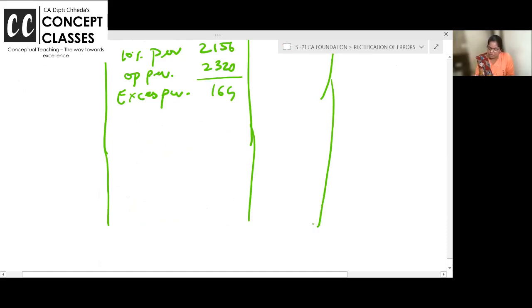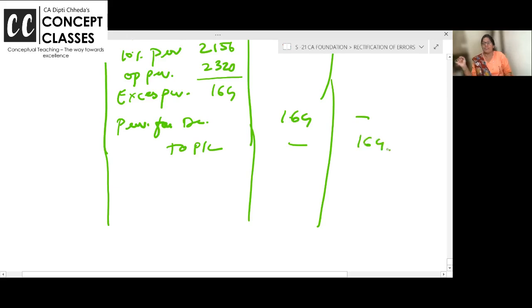P&L to provision. So what will be the entry for reverse? Provision for debtors account debit 164. P&L account credit 164. Take your time.